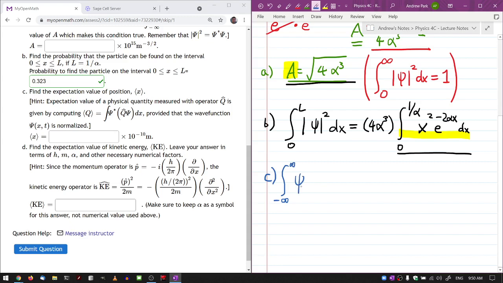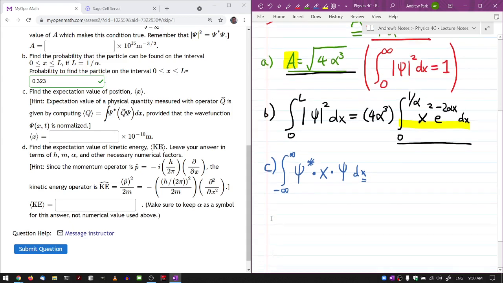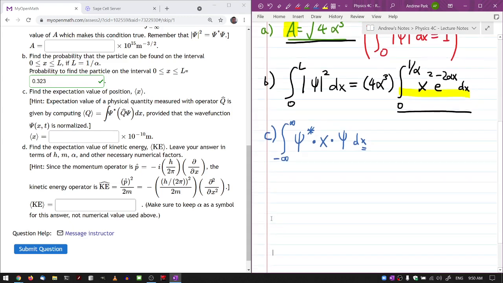It's psi complex conjugate times the operator, in this case just the multiplication by x, times the wave function itself, and integrate it with respect to dx. That's my coordinate variable x.